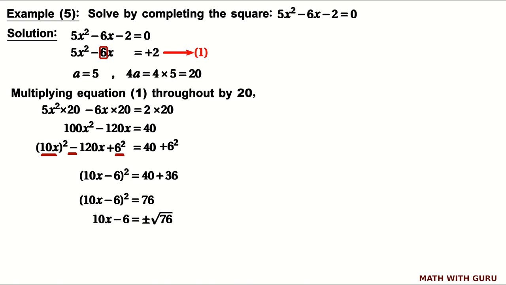10x minus 6 equals plus or minus root 76. Root 76 can be simplified as root 4 into 19.